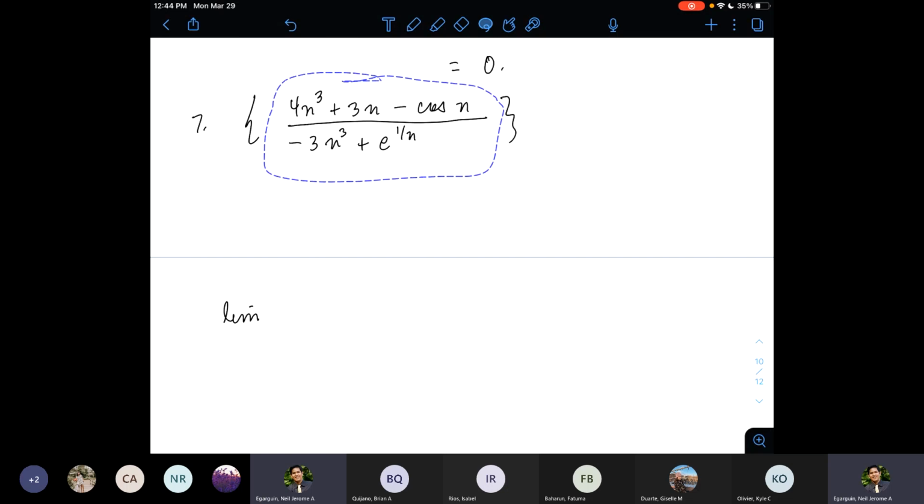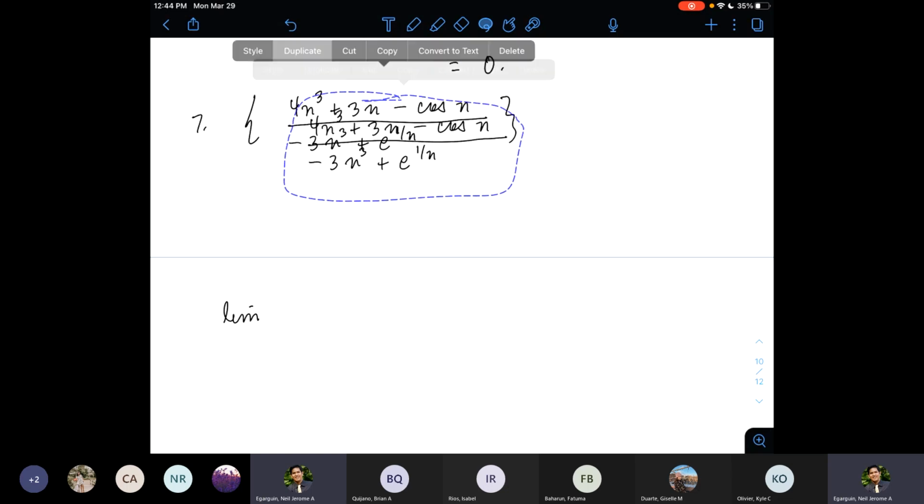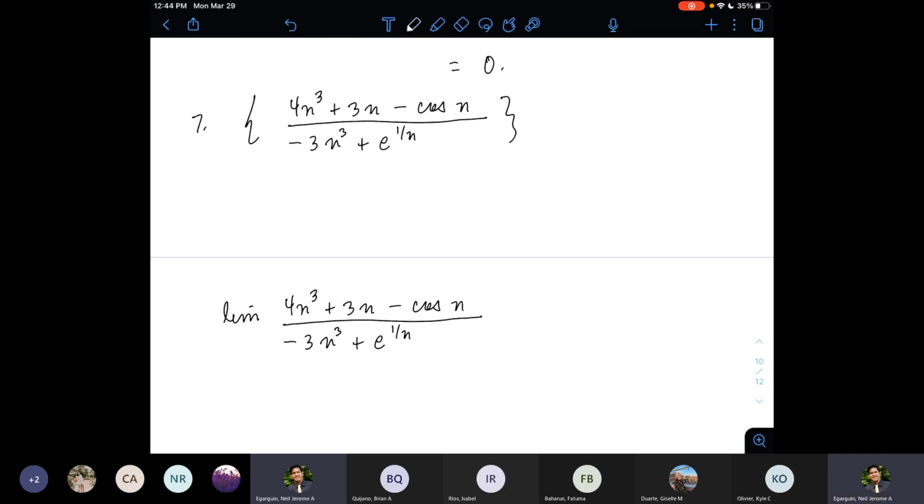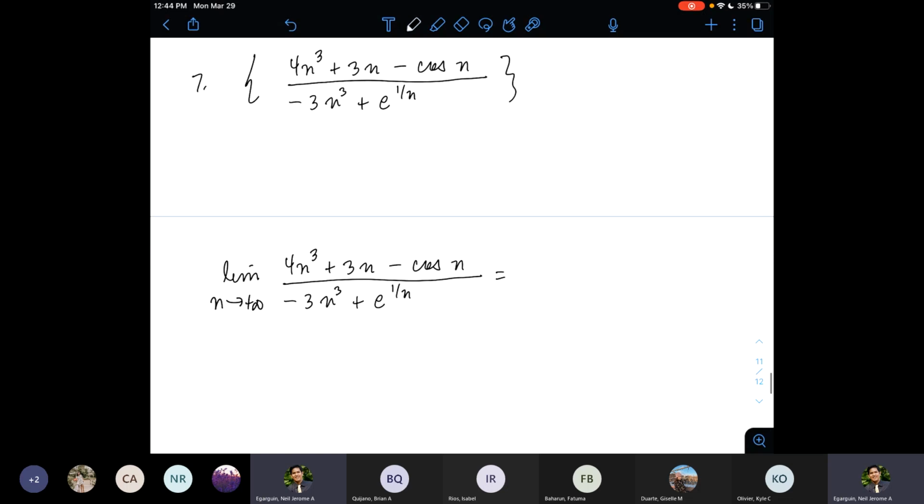Great, Christina. It will converge to -4/3. Okay, why? Let's see. You can do the same analysis I did before, and imagine n going to positive infinity. If n goes to infinity, we don't know the exact value of cosine n, but for sure cosine will just be between -1 and +1.